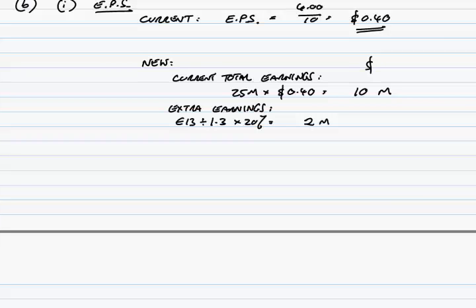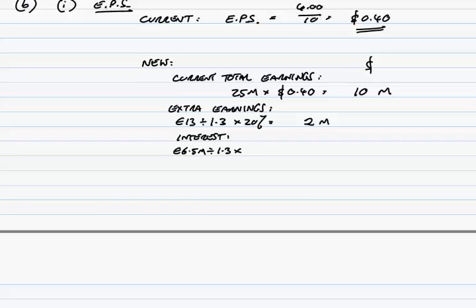However, that's the earnings before interest and tax. So there'll be extra interest payable. Half the money came from debt. It was a 6.5 million bond issue. So 6.5 million, but again in dollars, divide by 1.3.